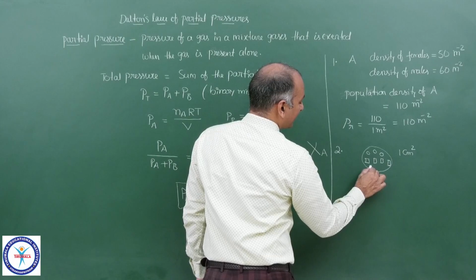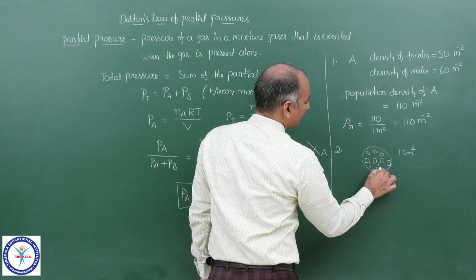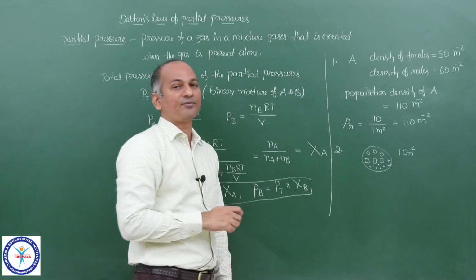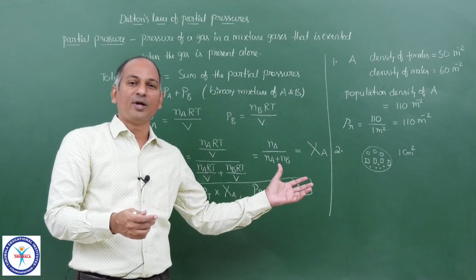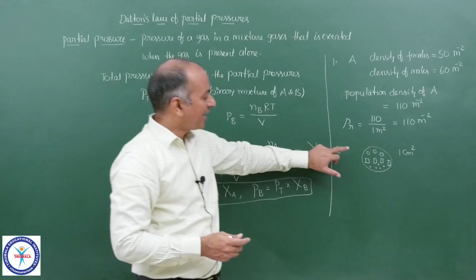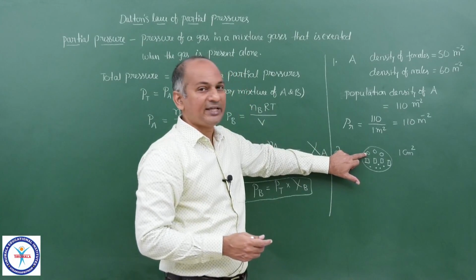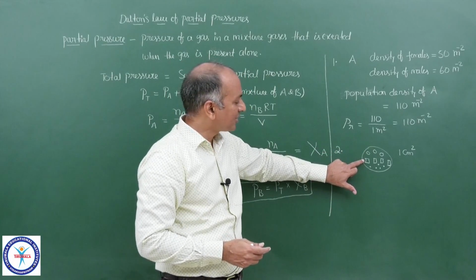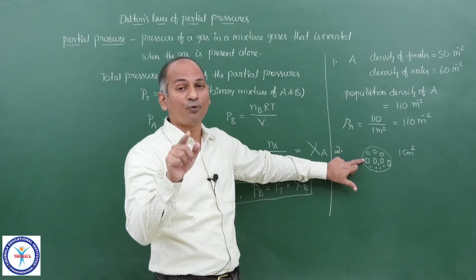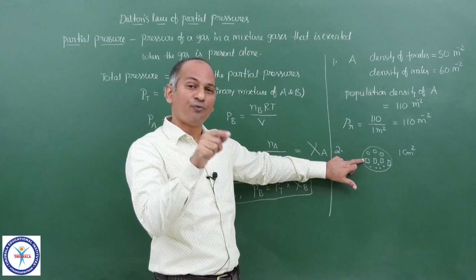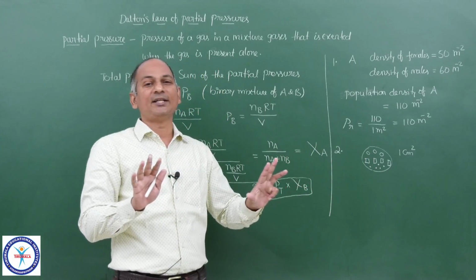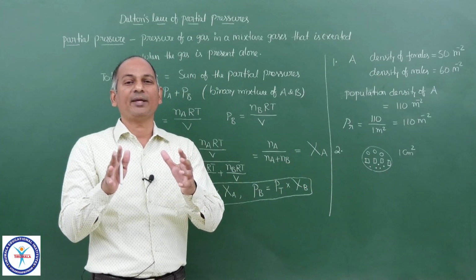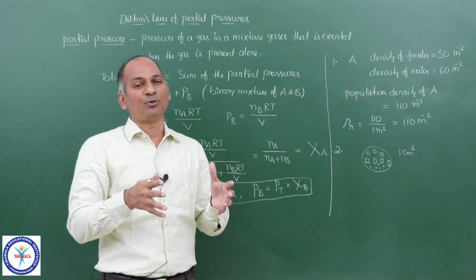Let me represent CO2 molecules by dots. What is the partial pressure of CO2? It is due to the force exerted by those 5 CO2 molecules. So the partial pressure of oxygen is due to collisions of these 3 O2, partial pressure of nitrogen is due to the force exerted by those 4 nitrogen molecules, and partial pressure of carbon dioxide is due to the force exerted by those 5 CO2 molecules.